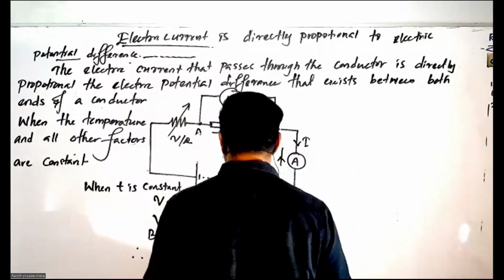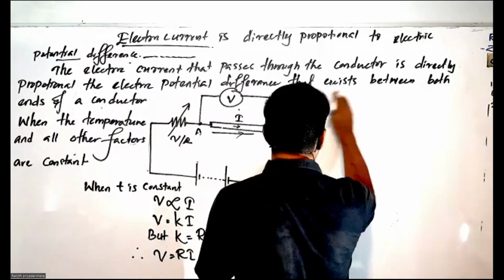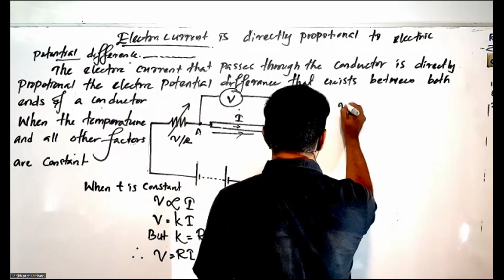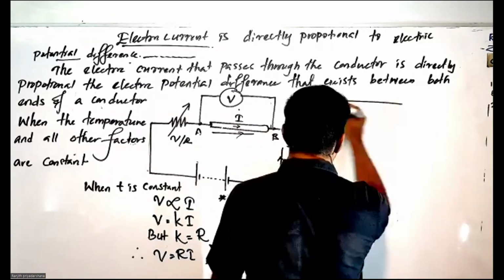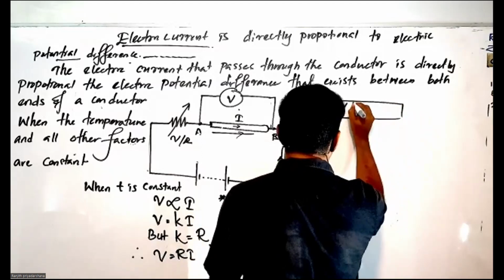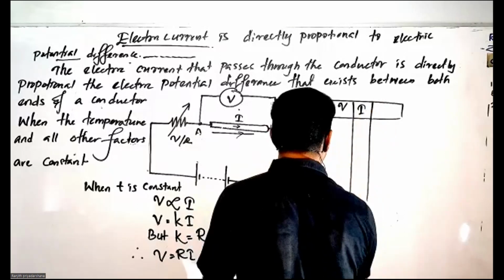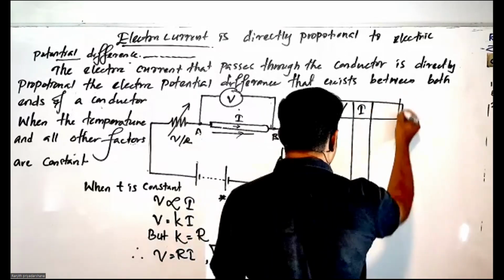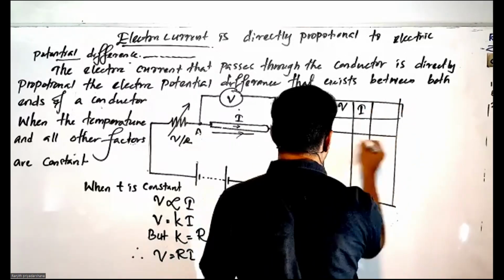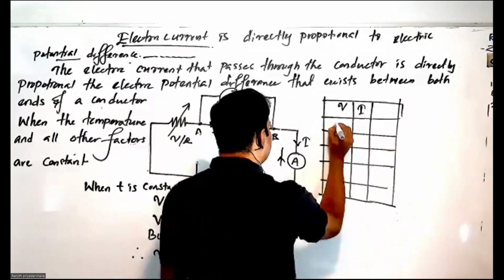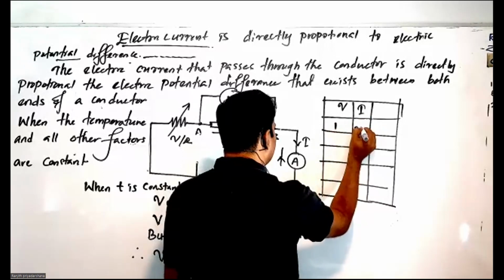Okay, look at this. According to the table, on this experiment, we learned V and the current I. Okay, let's remind the experiment again. Yes, when V is 1, electric current is 0.5 ampere.